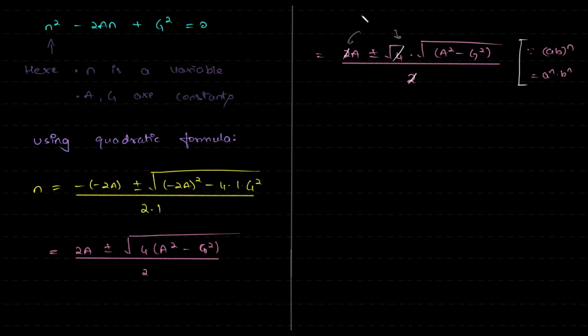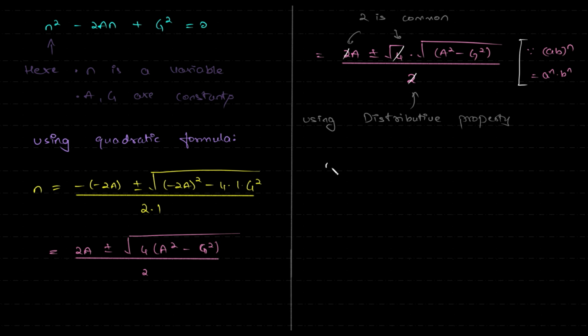We have this 2 common, and using the distributive property, which you need not show, we have this 2 and this 2 getting cancelled.